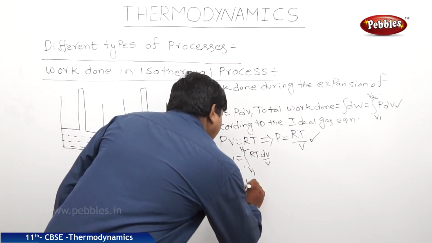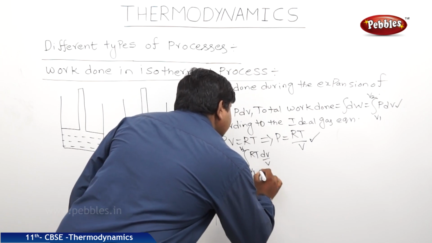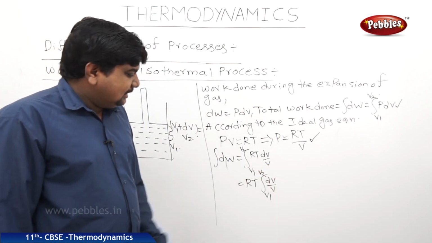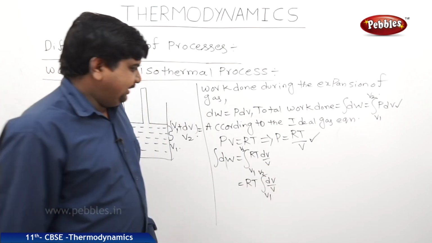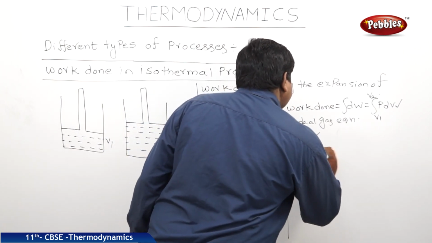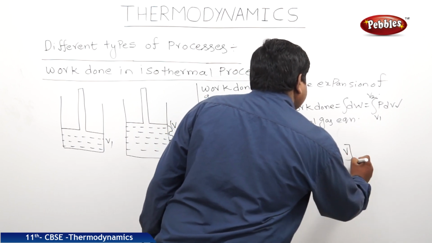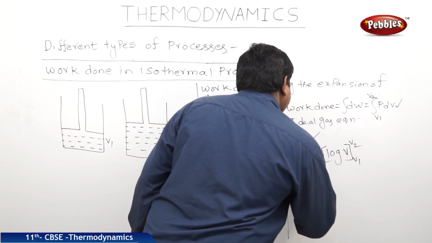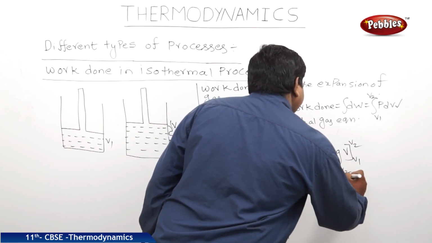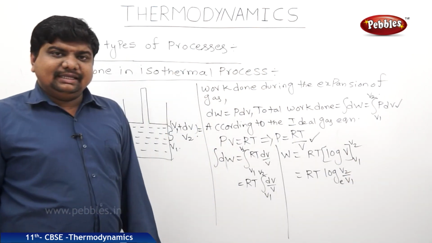So, I am keeping RT outside. This is integral dV by V from the limits V1 to V2. Integral dx by x is log x. That is why we can say it as log V. Therefore, work done is equal to RT into log V from the limits V1 to V2, and this will become RT into log V2 by V1, log e based.